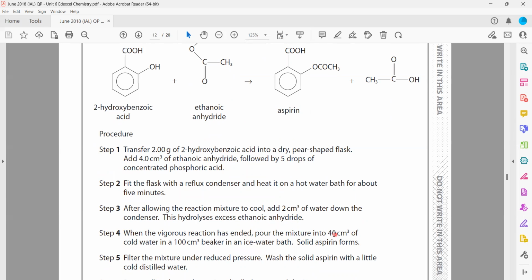Solid aspirin will form because when we cool down, the crystals start to precipitate, as solubility decreases with temperature.